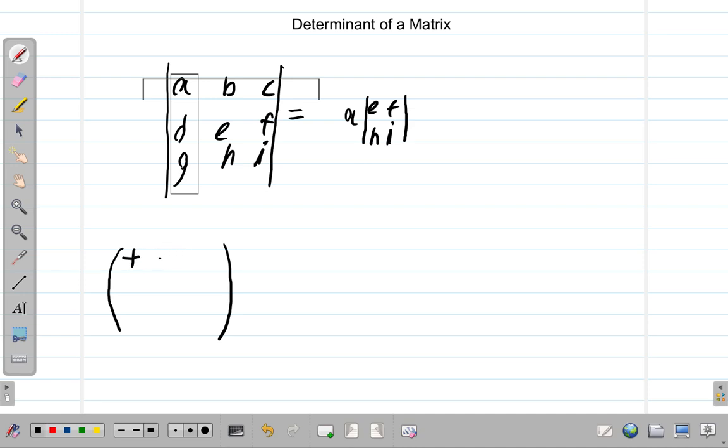So it is plus, minus, plus, then minus, plus, minus below it, then plus, minus, plus. The one in the upper left is always a plus. Now this is called the matrix of cofactors.